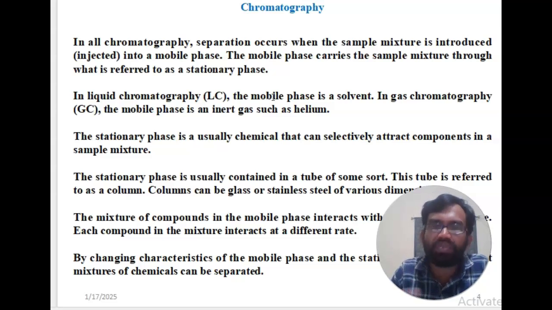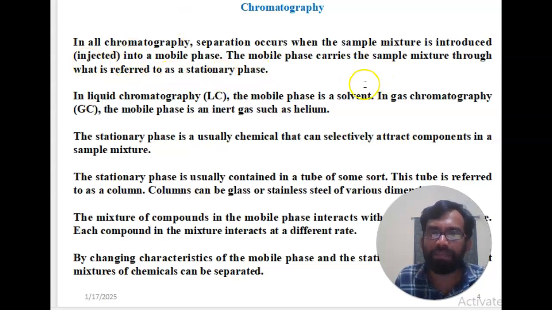So what is chromatography? Chromatography is one of the separation techniques. Simply put, in chromatography there are two phases: one is the mobile phase and the other is the stationary phase. In the mobile phase we inject the sample, and the mobile phase carries the sample mixture through the stationary phase.